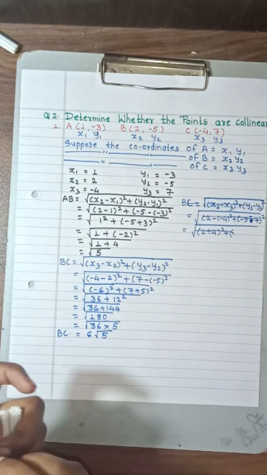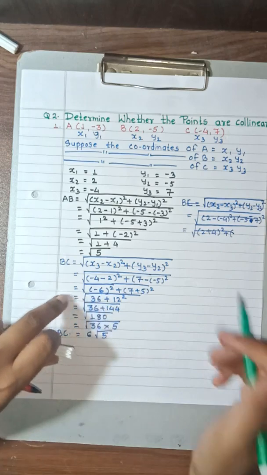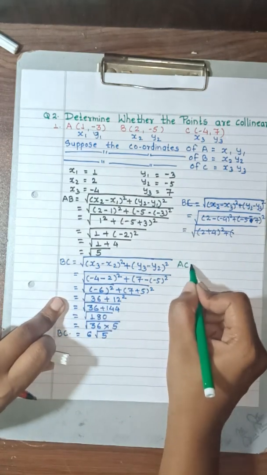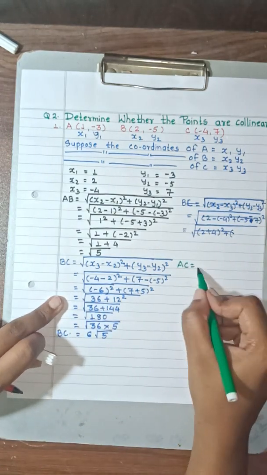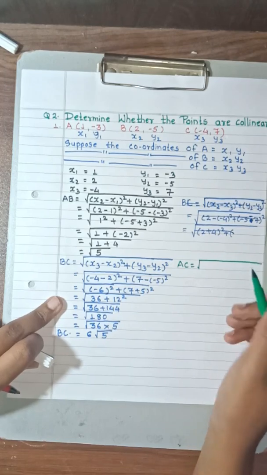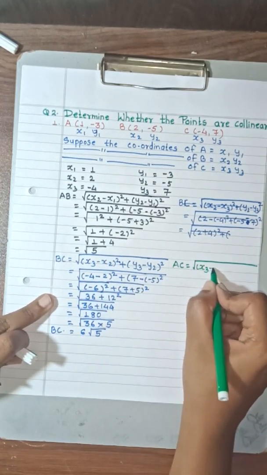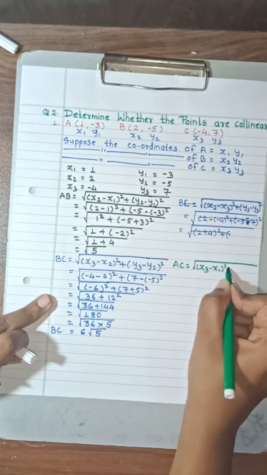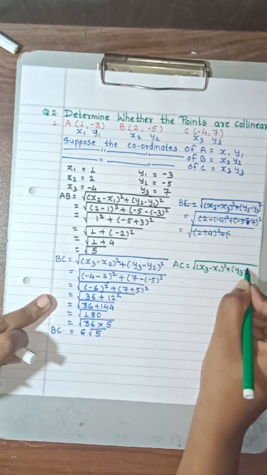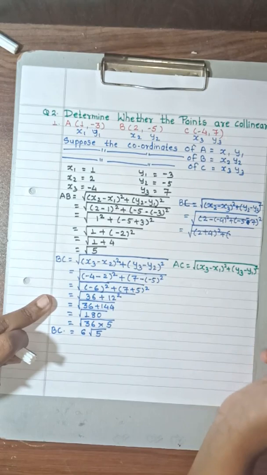Now here we'll find the value of AC. So AC will be under root of x3 minus x1 bracket square plus y3 minus y1 bracket square.